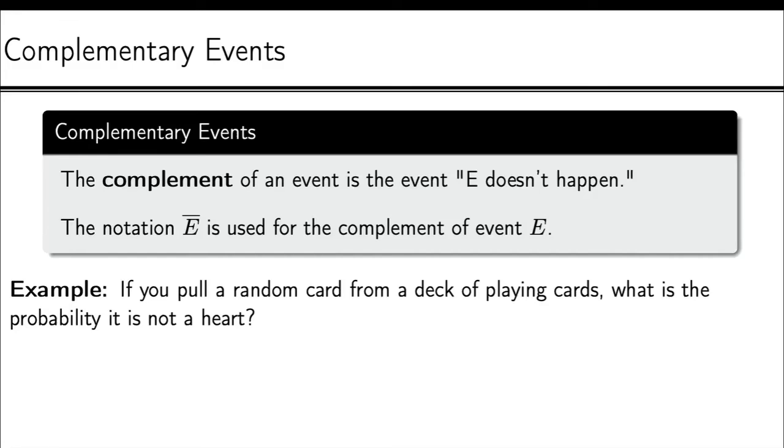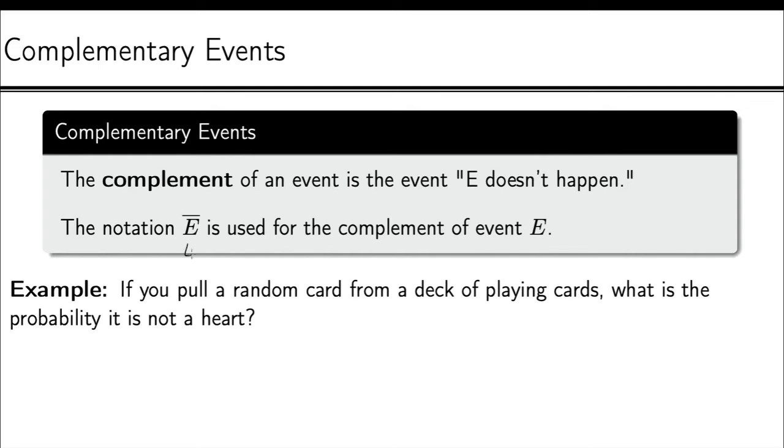One type of event is something we called a complementary event. The complement of an event is just the complete opposite of the event, meaning the event E doesn't happen. The notation we use is E with a bar over it.